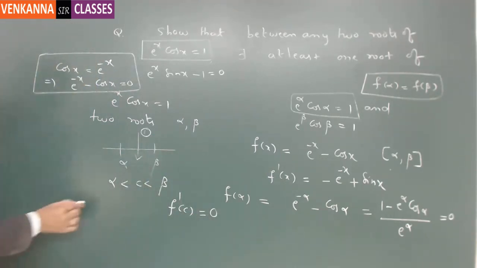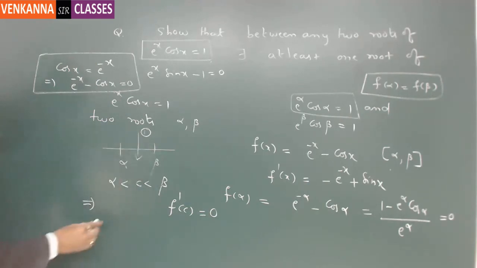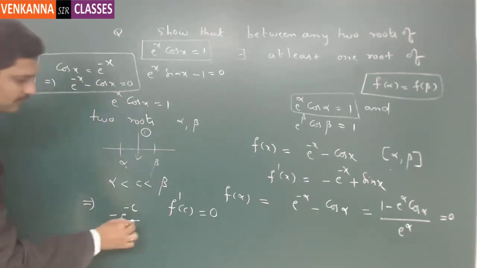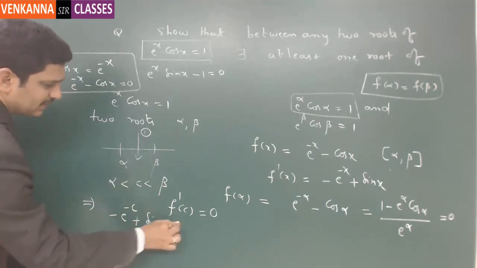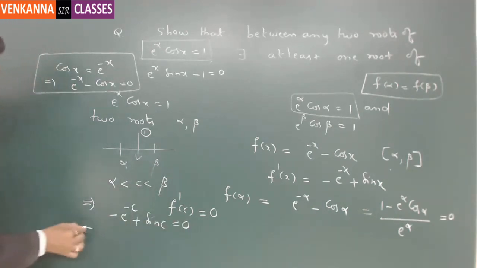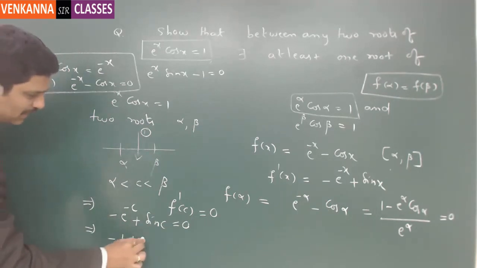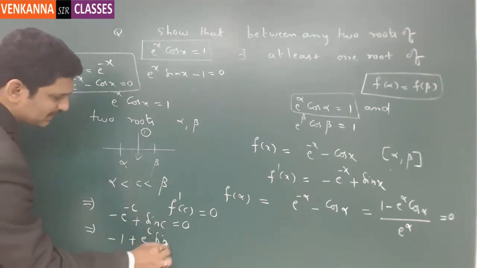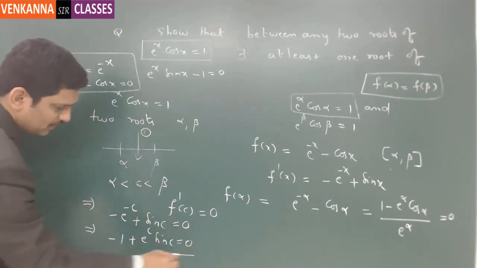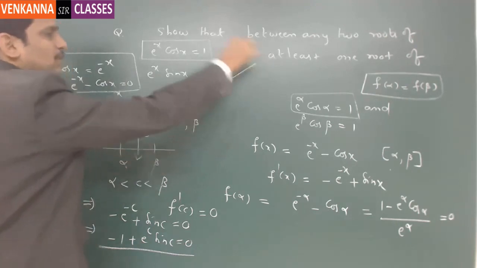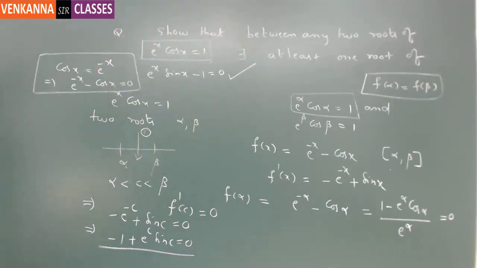So substituting the value here, minus e power minus c plus sin c is equal to 0. So this gives minus 1 plus e power c sin c is equal to 0. From this we can say that the respective equation root is achieved.